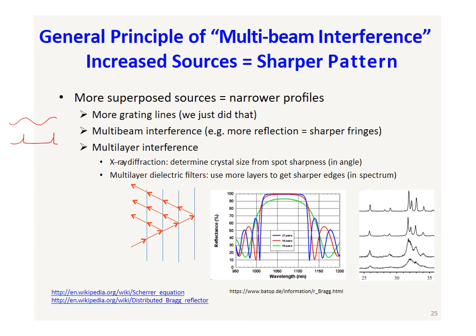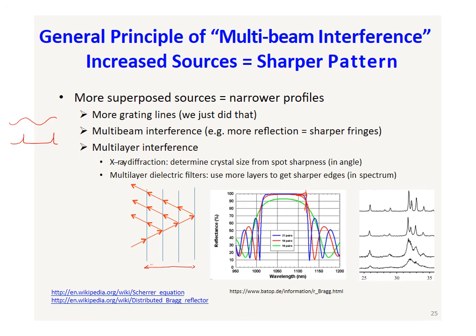I'd like you to appreciate that this is a general principle that is of great practical importance. We could look at thin film interference between a whole stack of thin films, which gives us a lot of interfering beams. What happens in that situation is we can get much sharper spectral features, as you would expect.